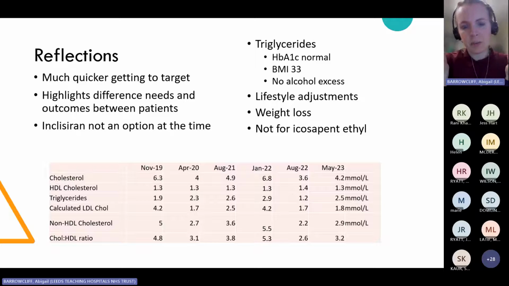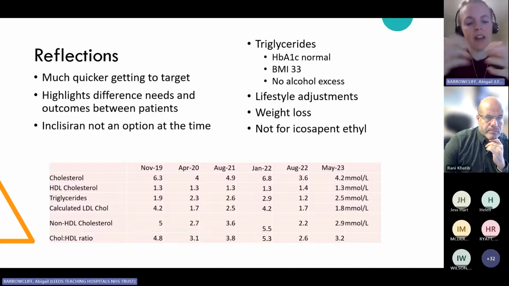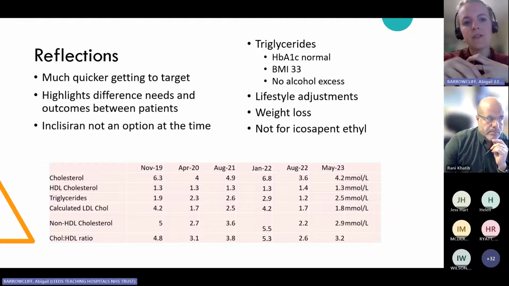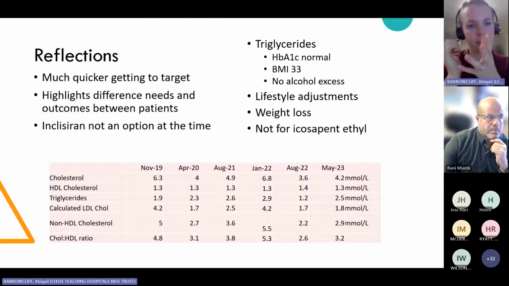If both had been available at the time, what we do with our patients is we discuss both. If a person is eligible for both injectables, we discuss pros and cons of each. We delve more into the beliefs of the patient and what they want from their therapy, and then we make a decision based on that. But it wasn't appropriate for Mr. D as it was too long ago.